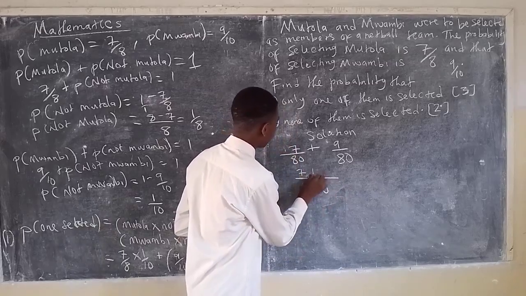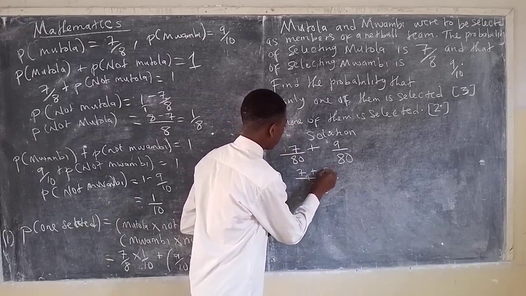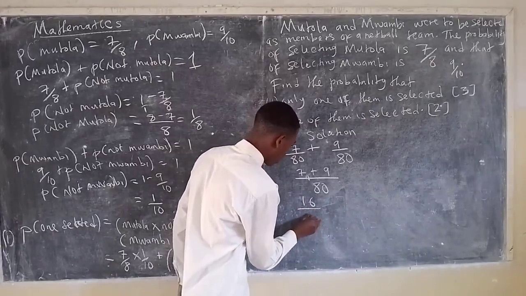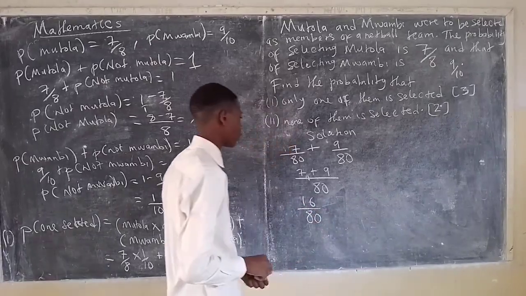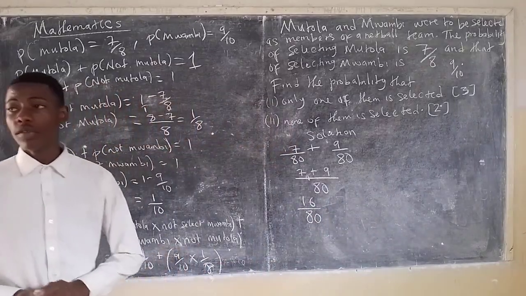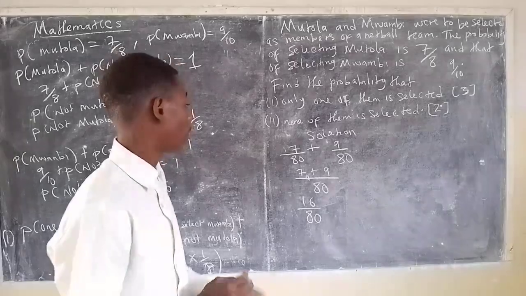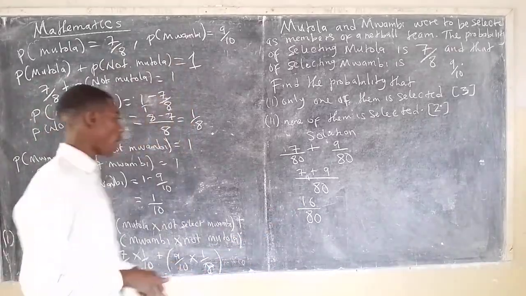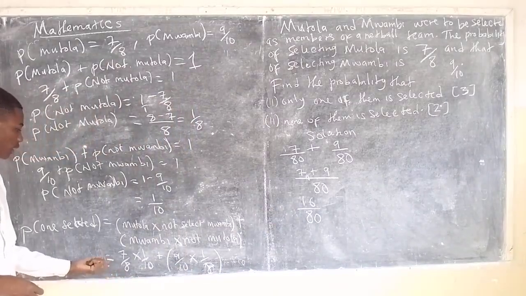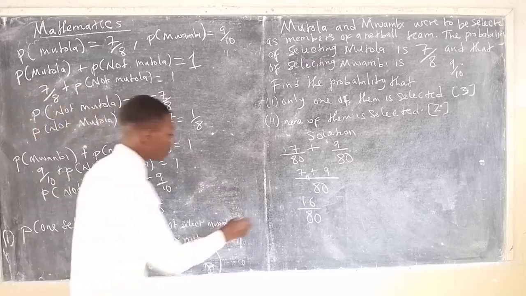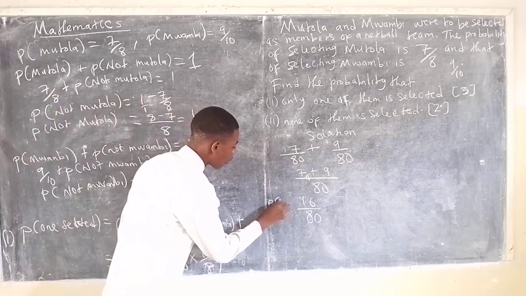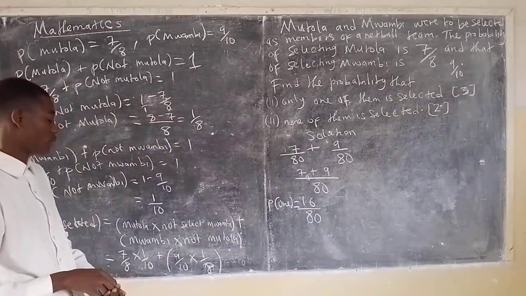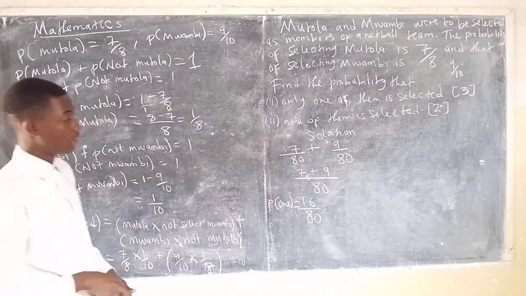Here we have 7 plus 9, so we have 16 over 80. Because I don't have a calculator, I'm going to leave my answer here, but you can go further using the calculator. So we have answered the first one: the probability of selecting just one is equal to 16 over 80.